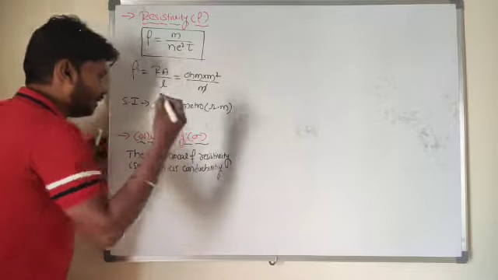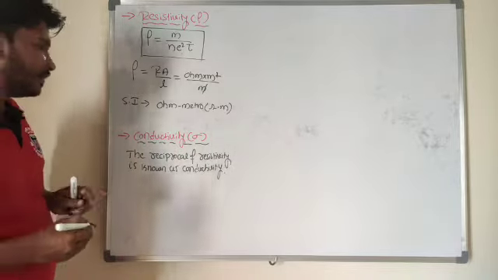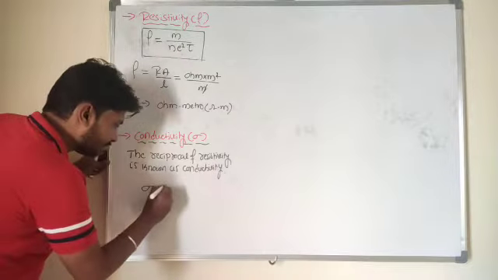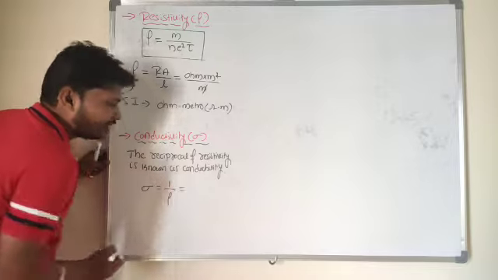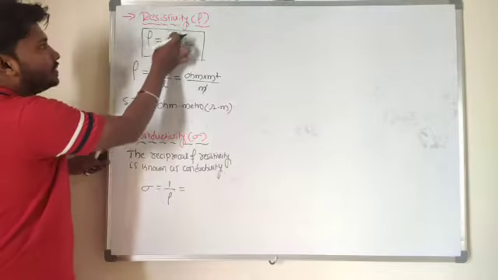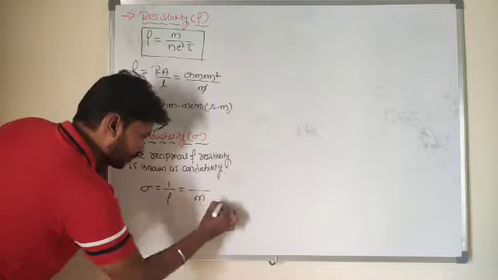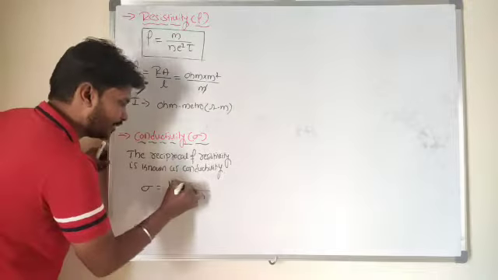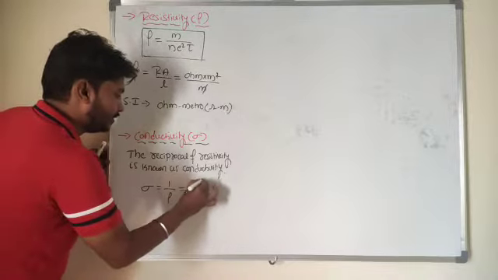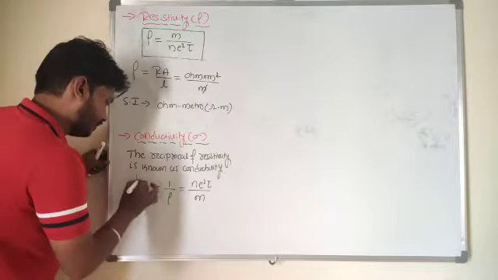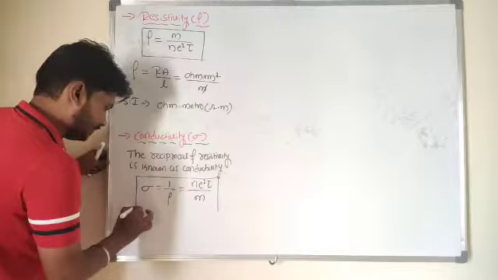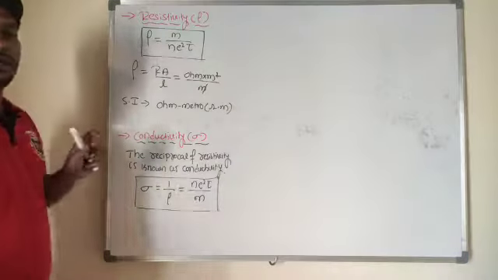So sigma is equal to 1 by rho. And rho means m divided by n e square into tau, so m goes to the numerator. So sigma is n e square into tau divided by m. So this is about conductivity.